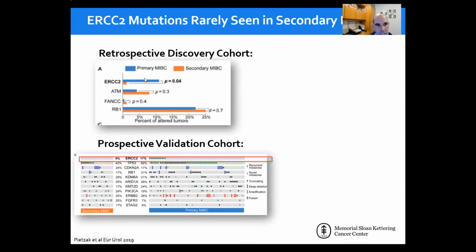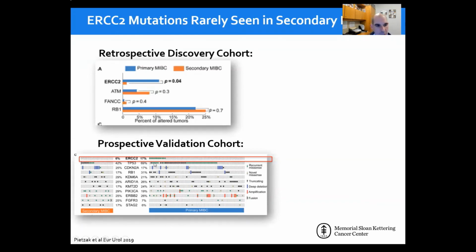What you'll see here is in 2 independent cohorts of patients, there was a statistically significant difference between the frequency of ERCC2 missense mutations, which are associated with sensitivity to cisplatin chemotherapy, in patients with primary muscle invasive disease compared to those with secondary muscle invasive bladder cancer.